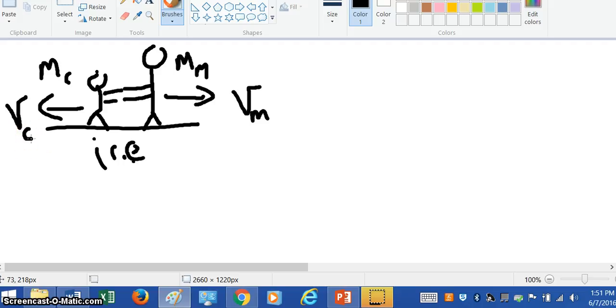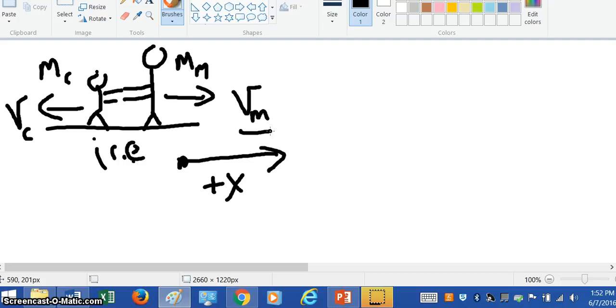Now notice one thing that's important. They're both going in the opposite direction. So the general thing that we tend to do is whatever direction is the positive x direction, and of course in this case it's the velocity of the mother, that'll end up being the positive velocity.